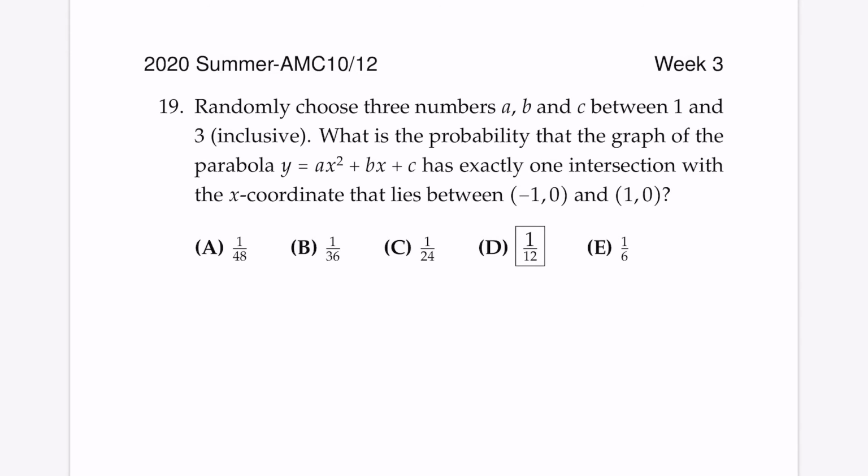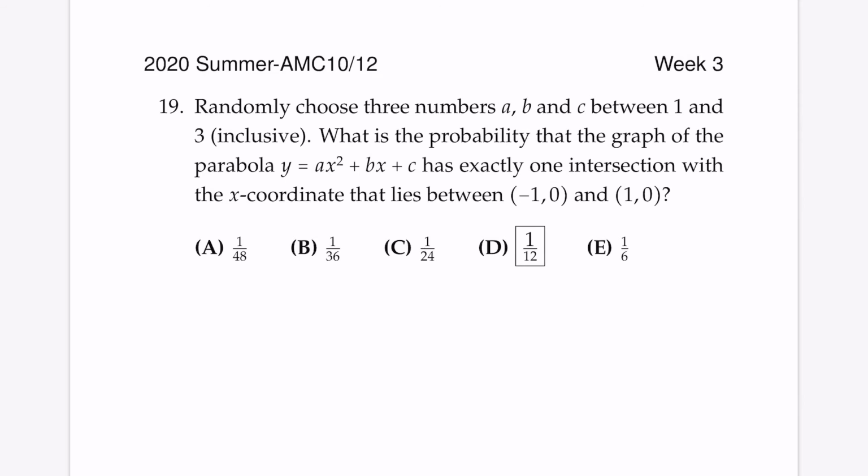Problem 19. This is a difficult problem which combines algebra, solid geometry, and probability. Let's first find the criterion for the quadratic equation to have exactly one root between -1 and +1. By the assumption, there are 2 ways.